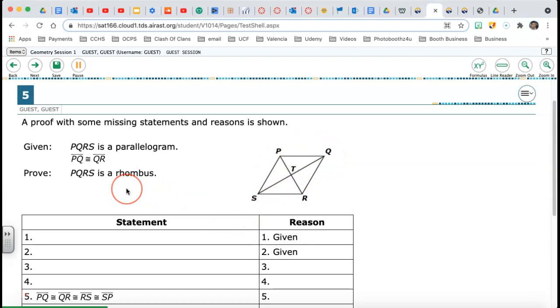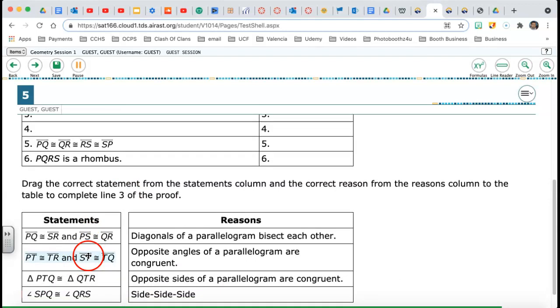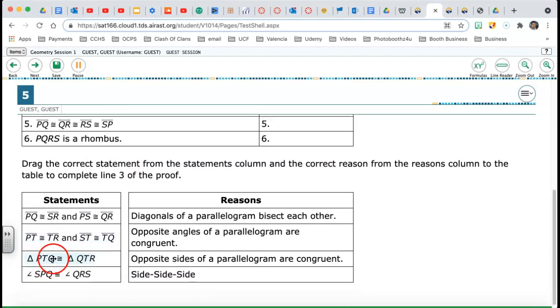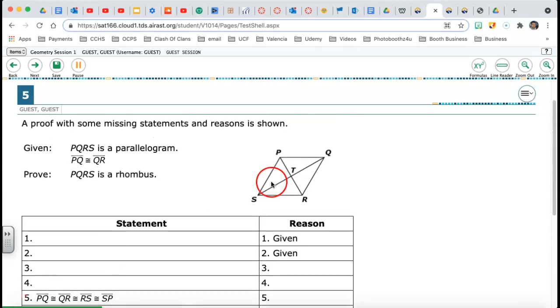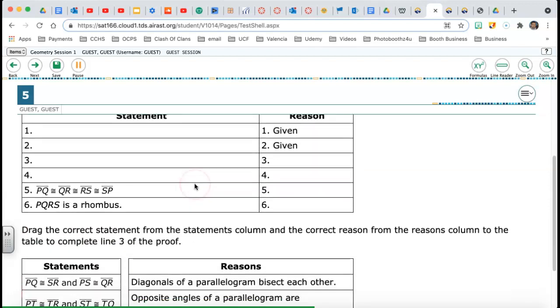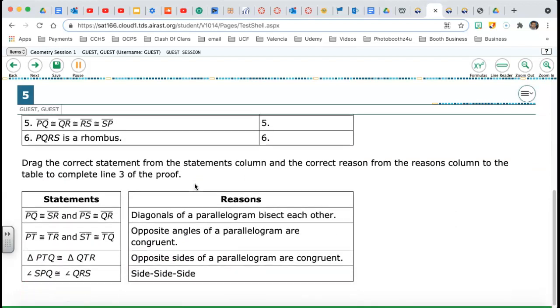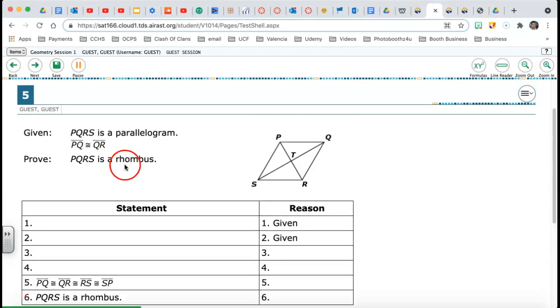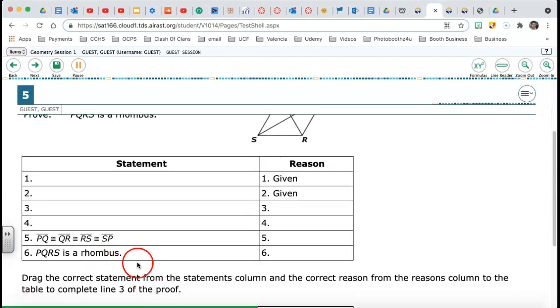So keep that in mind. So this is the diagonals bisect each other. Here they're saying triangles, doesn't make sense too much. Angles SPQ, okay, opposite angles are congruent. All right, that's fine. But again, where are we going? We're proving this is a rhombus. So we need to prove that all the sides are congruent.